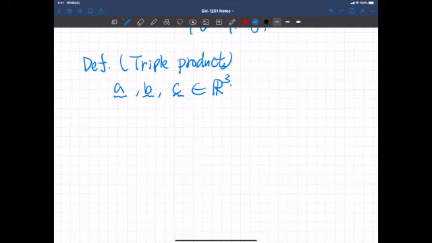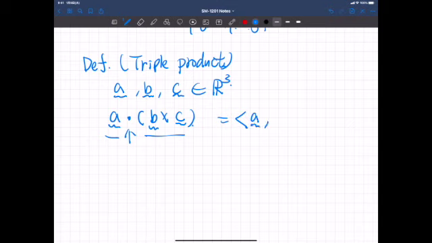Then the triple product is this, A dot B cross C. This dot means scalar product between A and B cross C. So in the previous notation, this would be written as this, A and B cross C.